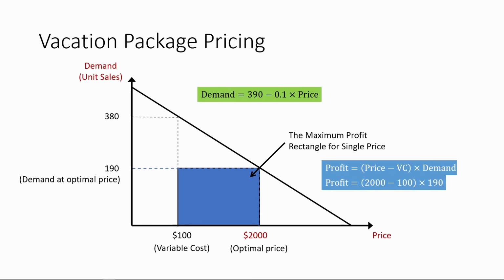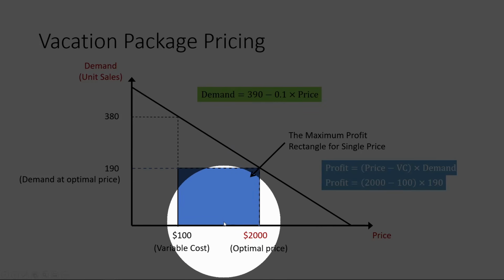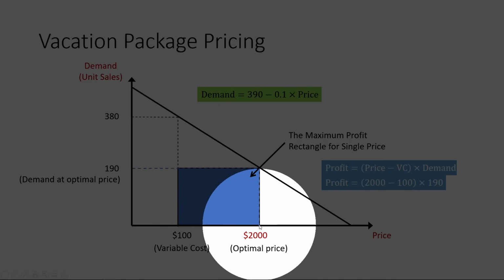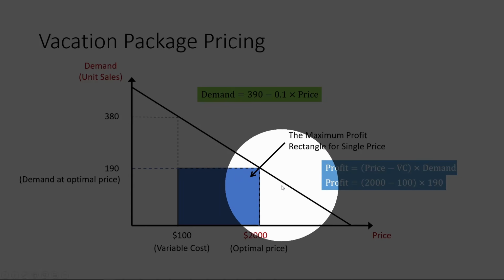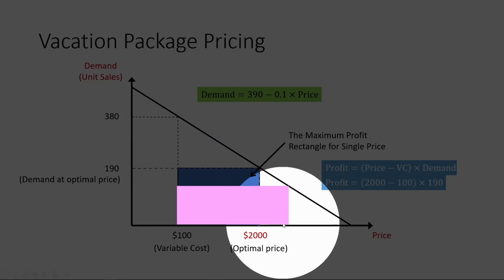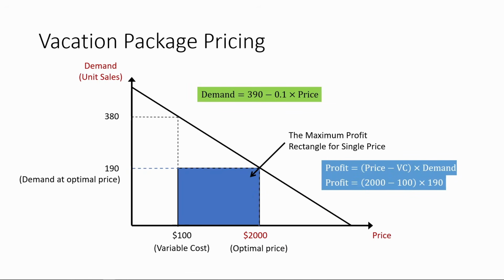Since I already told you the optimal price is 2,000, if we shift this price around to the left by lowering the price, or to the right by increasing the price, the new rectangle would have a smaller size than this rectangle at the optimal price. So that is the graphic representation of the optimal price and the maximized profit.